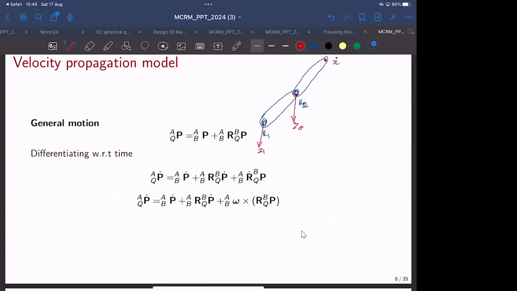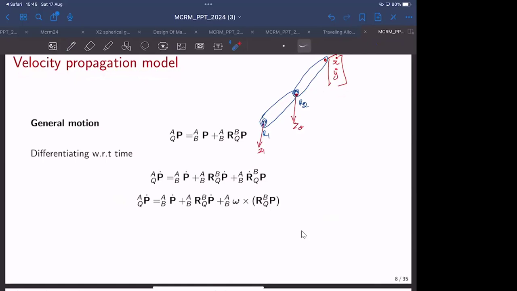The final velocities of the end effector would be x dot and y dot. This velocity propagation model propagates the velocities from the base all the way to the final end effector.